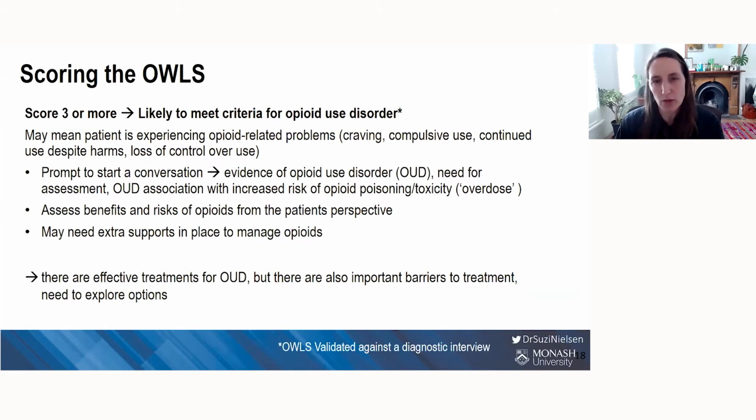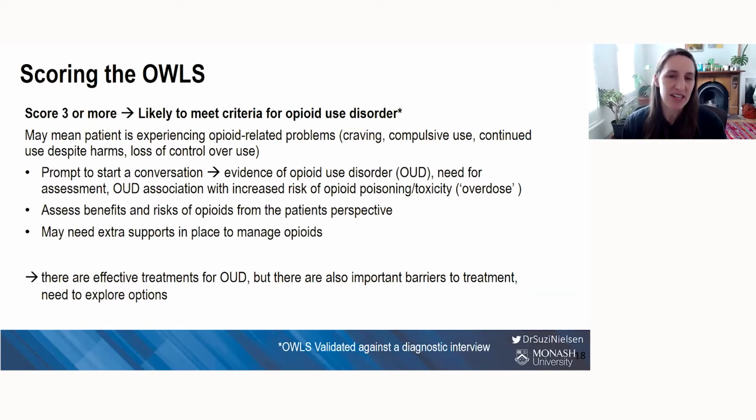And for those people with more severe opioid use disorder, if that's identified through using the OWLS tool, look at whether a referral for opioid agonist treatment might be appropriate. For example, buprenorphine and methadone are evidence-based treatments which are effective for people with chronic pain and opioid use disorder. So that might be a pathway that you go down where this is identified through screening.